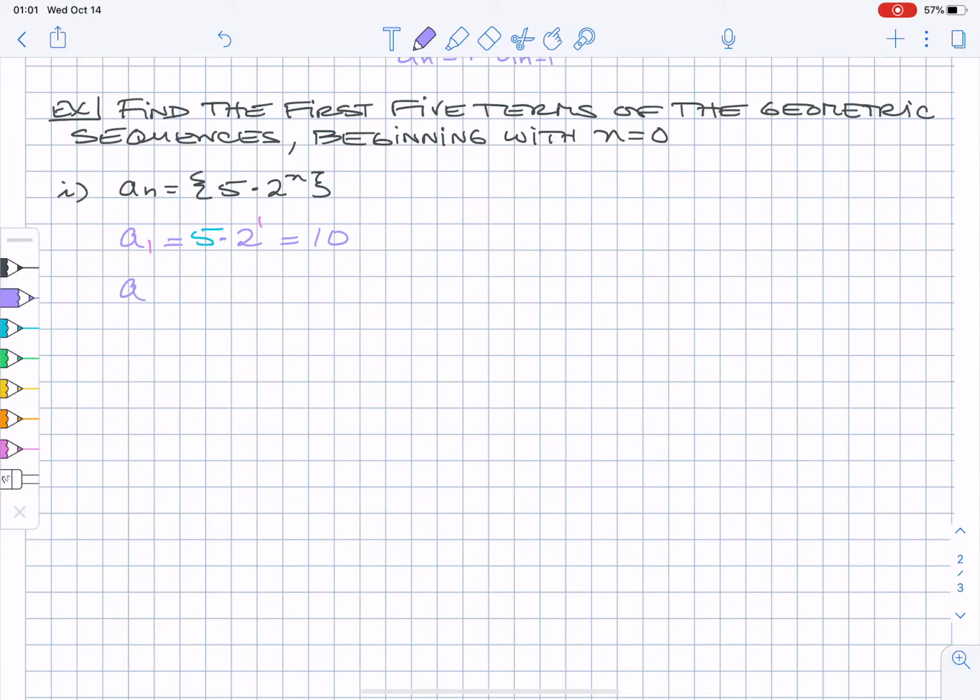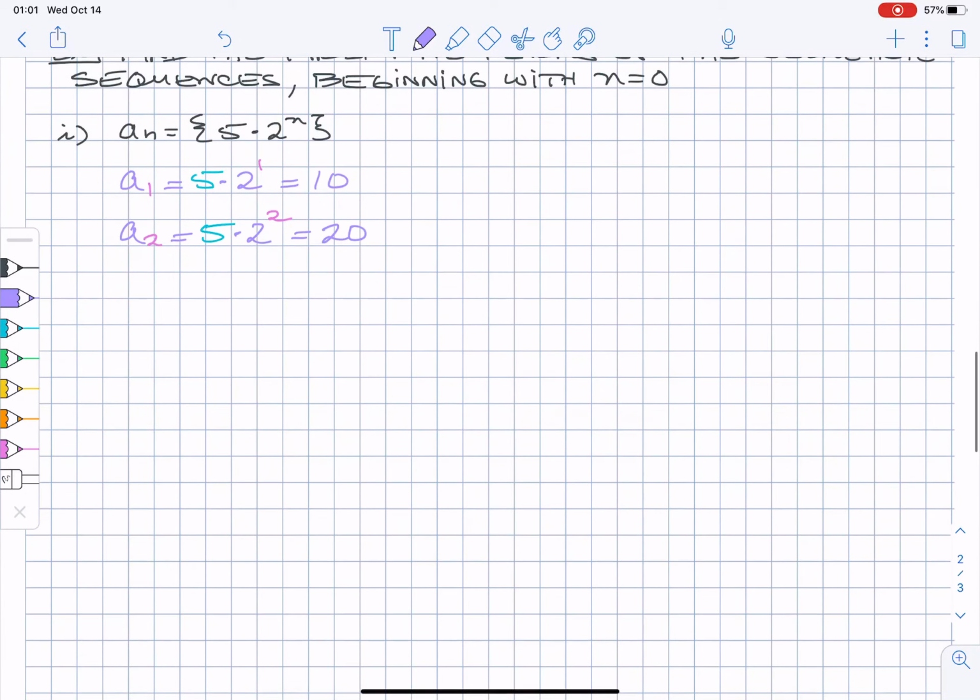I claim that a sub 2 is going to be 5 times 2 to the second power, so 4 times 5 is 20. A sub 3, I claim, will be 5 times 2 to the third power, or 8. 8 times 5 is 40.